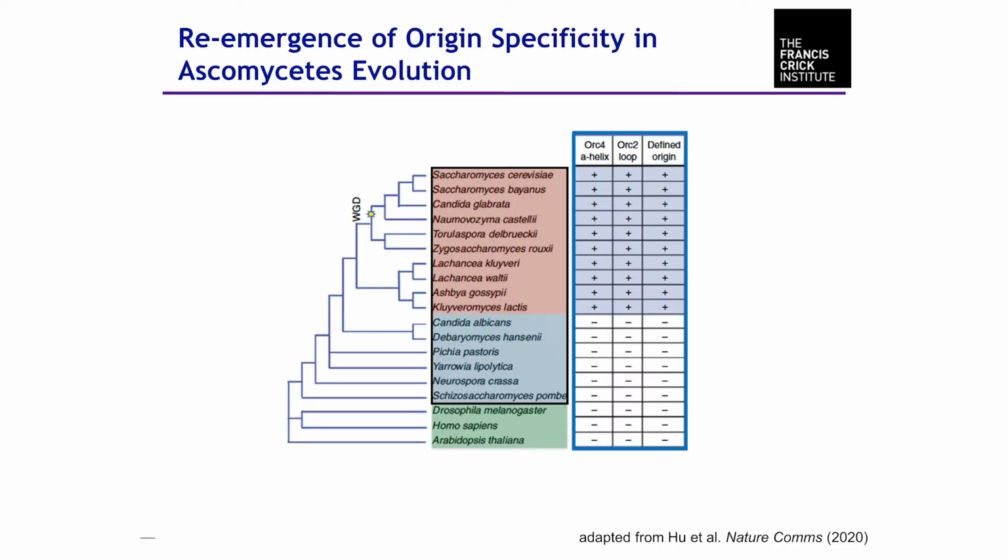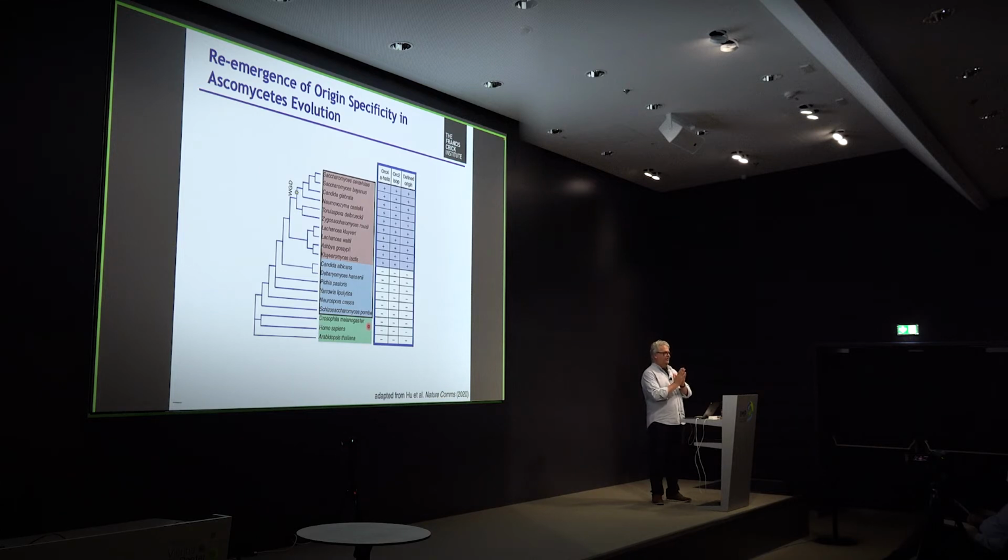But as you move away from this, even within Ascomycetes, in budding yeasts like Candida, Pichia, and Yarrowia, these have now lost the alpha helix, and they've lost the specific origins. When you look further away, Drosophila, plants, humans, that alpha helix is gone. So the point of this is really that sequence specificity arose in Ascomycetes at some point, but it's been a very useful tool, as we'll see.